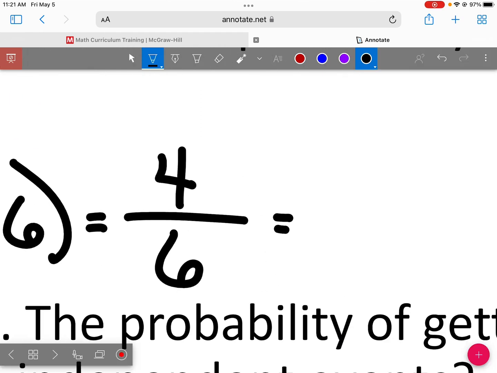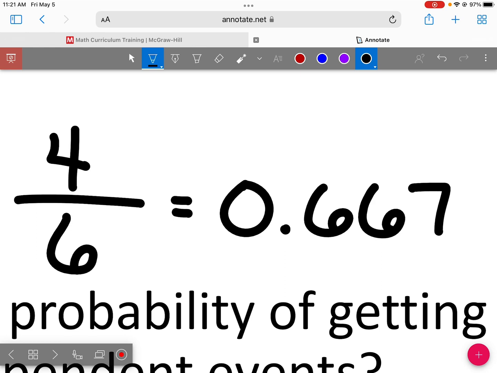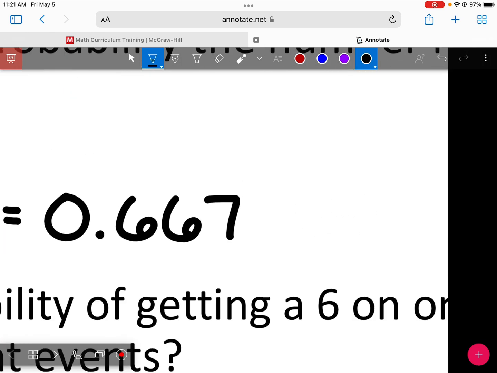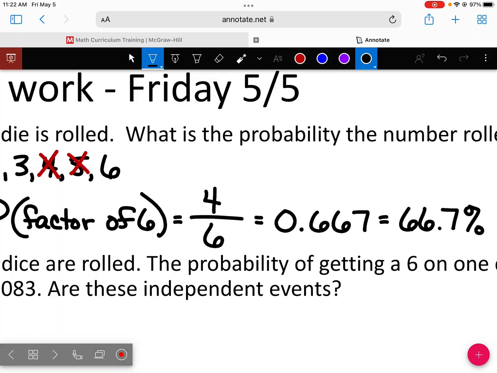What is 4 over 6 as a decimal? As a decimal. 0. We'll call it 667, which would be 66.7%.